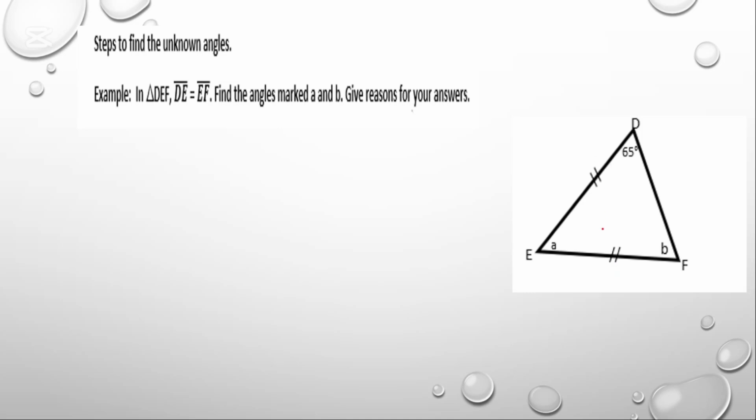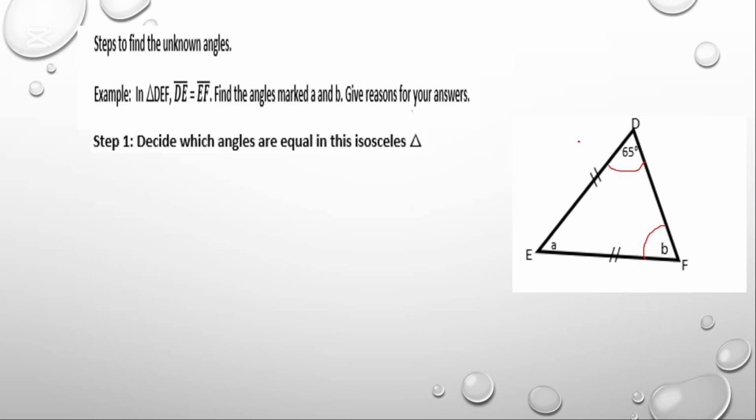Opposite this side is 65 and opposite that side is the angle marked B. So B must be exactly the same as angle D, because B is opposite ED and D is opposite EF.